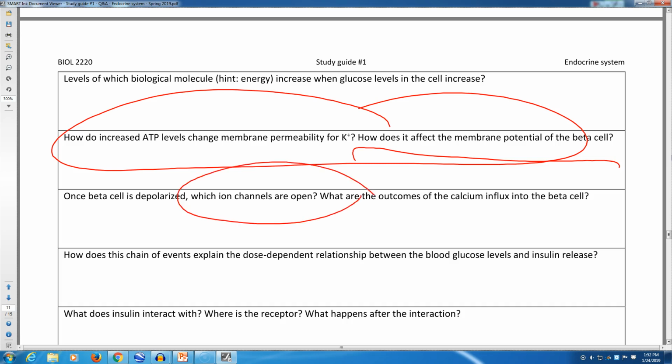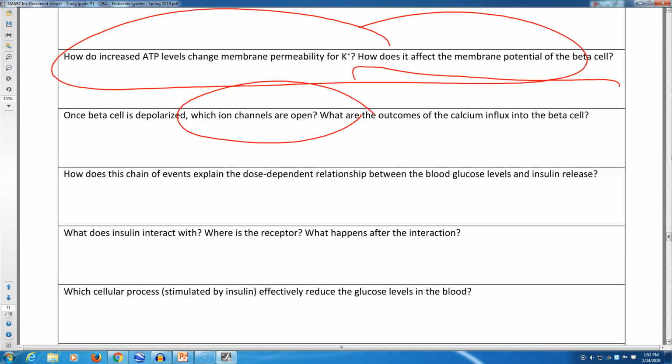Calcium channels open, and calcium leads to the release of vesicles containing insulin from beta cells. So the more glucose, more ATP, more potassium channels closed, depolarization, more calcium, more insulin.